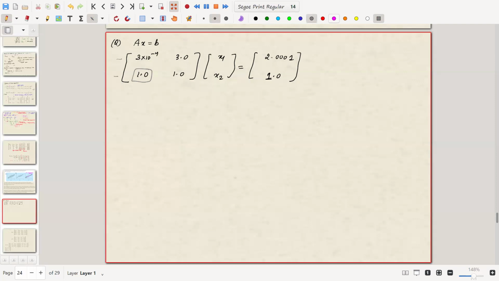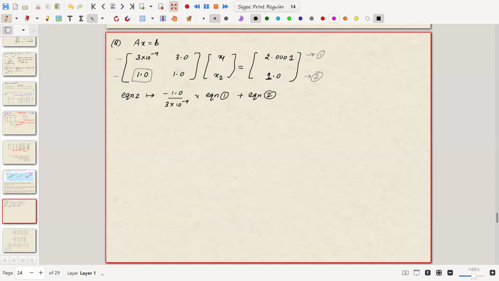How can we make use of the combination? This is equation 1, this is equation 2. Change equation 2 in this way: minus 1.0 by 3 into 10 to the minus 4 into equation 1, plus equation 2.